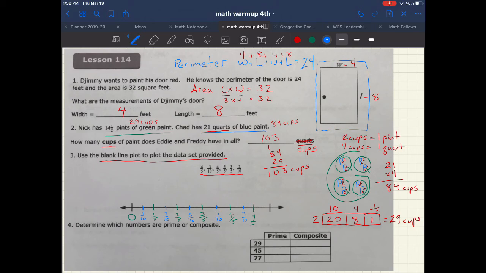So now the line plot means we have to put an X above every one of these numbers. So 4 fifths is right here. Put an X. 3 tenths is right here. There's an X. Here's another 4 fifths, so I need another X. 5 fifths is the same as 1.